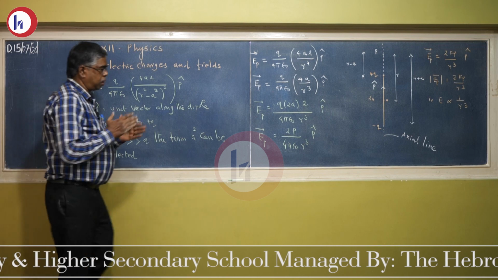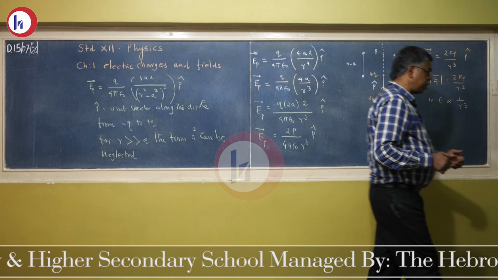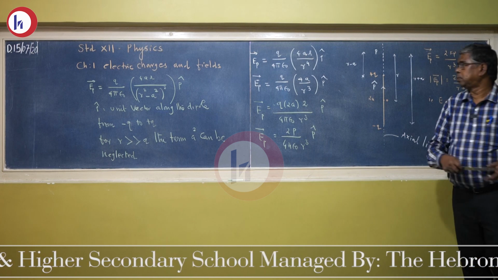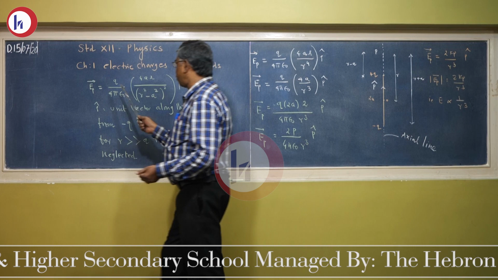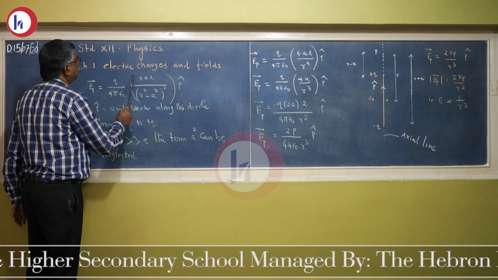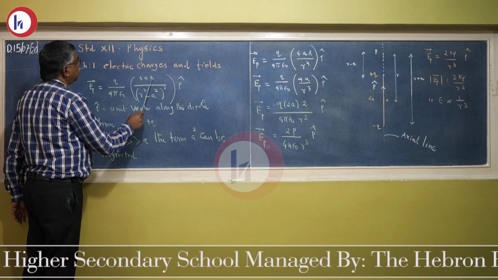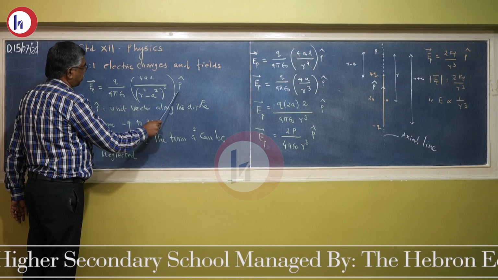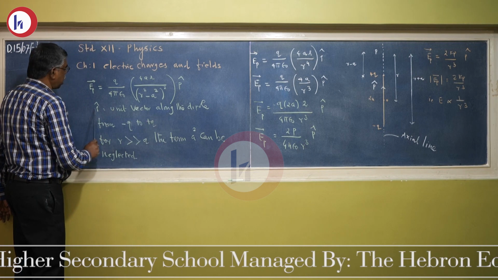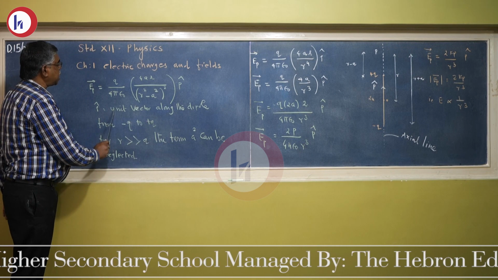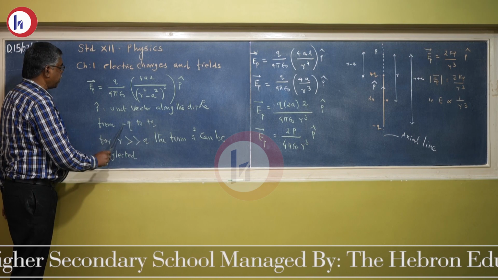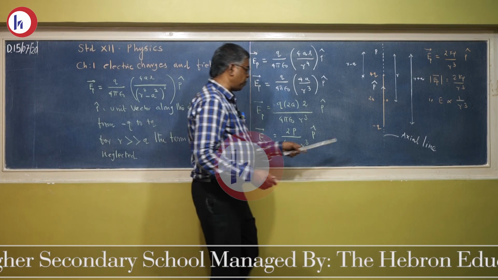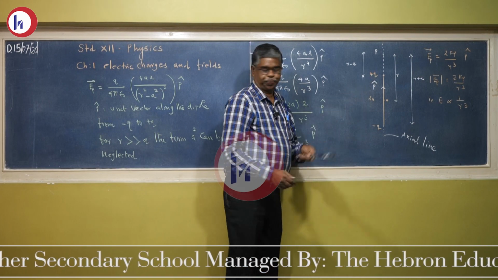So E_P in vector form can be written as E_P vector equal to Q upon 4 pi epsilon 0 times 4ar upon (r square minus a square) whole square times the unit vector p, where the unit vector p is a unit vector along the dipole from minus q to positive charge. The unit vector p is acting from negative charge to positive charge.